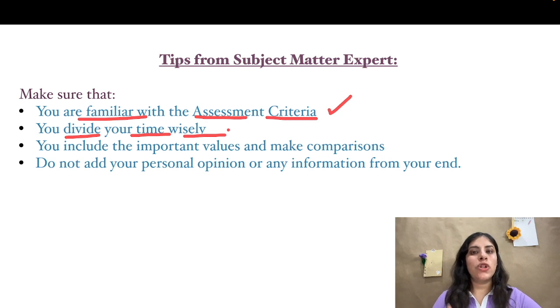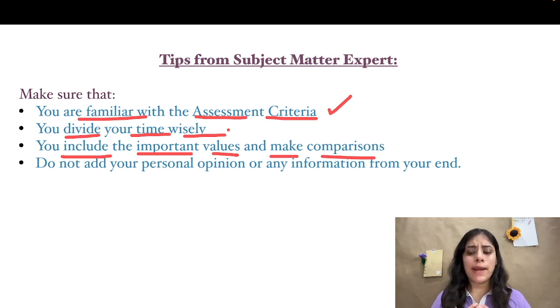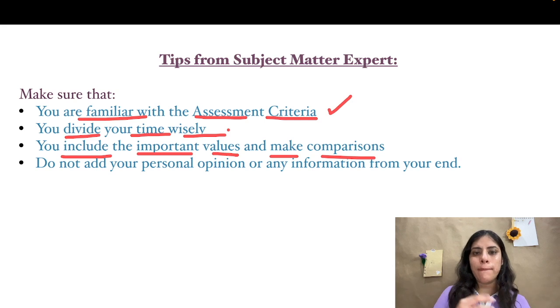It all depends on how effectively you manage your time and you divide it. Then you should include the important values and make comparisons. Sometimes what happens, we just pick up the elements and jot it down and create a summary. But if you're not making comparison, then what's the point of the report? So make sure that you're comparing some values with another.